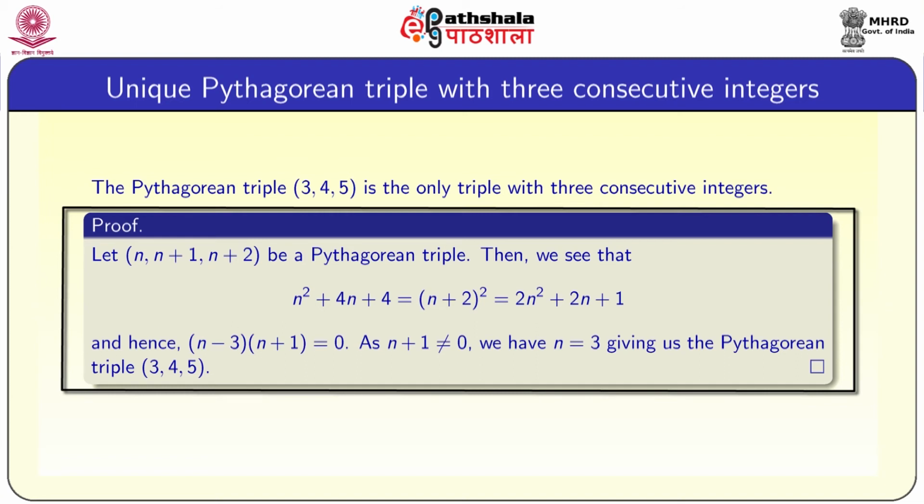Let n, n plus 1, n plus 2 be a Pythagoras triple, then we can see that n square plus n plus 1 whole square is equal to n plus 2 whole square, that is 2n square plus 2n plus 1. Hence, n minus 3 into n plus 1 is equal to 0. As n plus 1 is not equal to 0, we have n equal to 3, which gives us the Pythagoras triple 3, 4, 5.